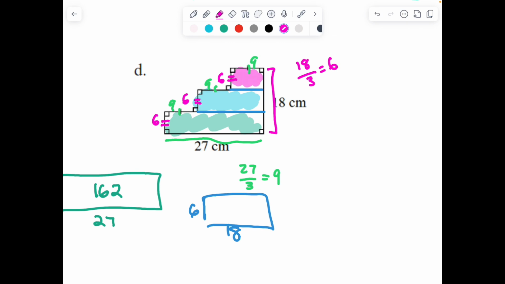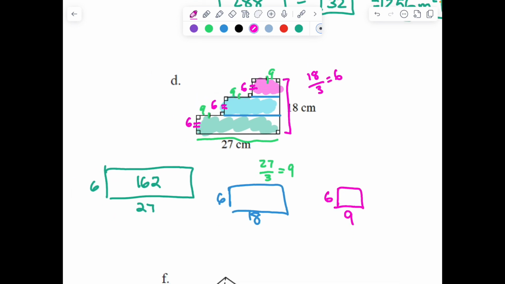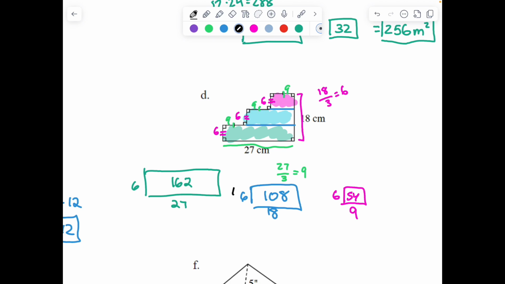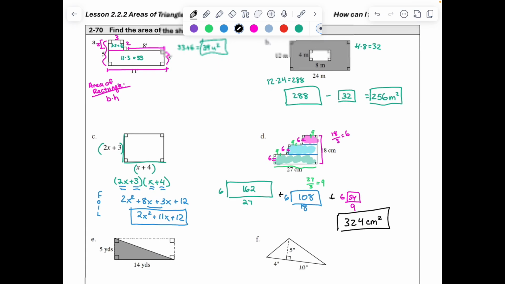And then finally, this pink one has a side length of 9, like we labeled, and then 6. So 6 times 18 for the blue rectangle is 108. And then 6 times 9 for the pink rectangle is 54. And to find the total area of the shape, we can just add these all together. So 162 plus 108 plus 54 is 324. And we are in centimeters for this shape.